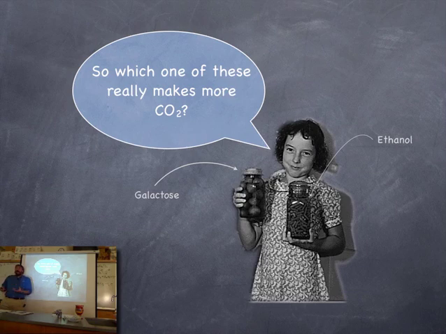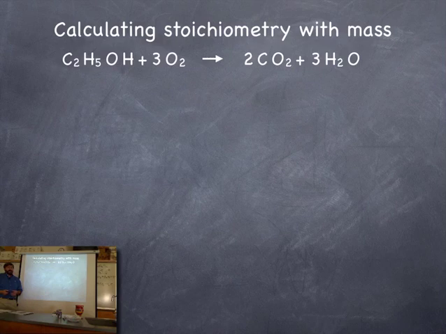So let's look at how we combine these two things together. Two great tastes that taste great together. How do we combine working with mass and working with chemical equations? The nice thing about all this stuff is you already know how to do each piece. You've already done it. We are combining two little pieces into a larger problem.